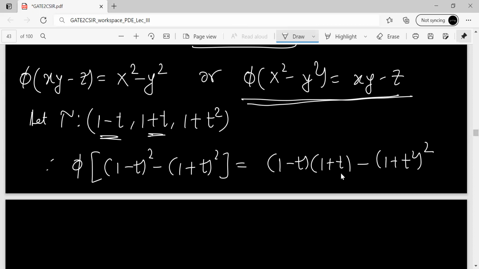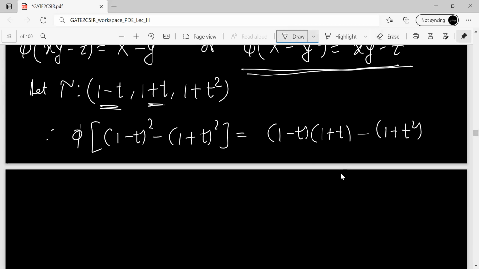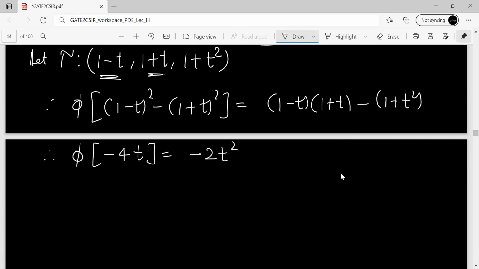So a minus b square minus a plus b square simply gives me minus 2 times 2 into 2, that is 4t simply. And this is again 1 minus t square, 1 plus t square. So 1 and 1 will get cancelled. I'll simply get minus 2t square. You can verify and check it. It will be cancelling, minus 2t square there.